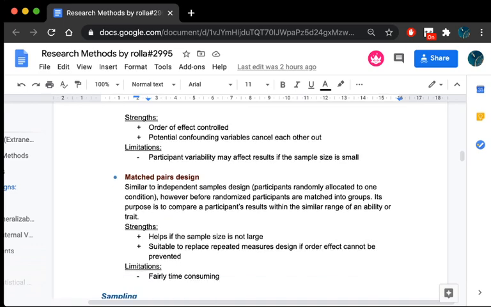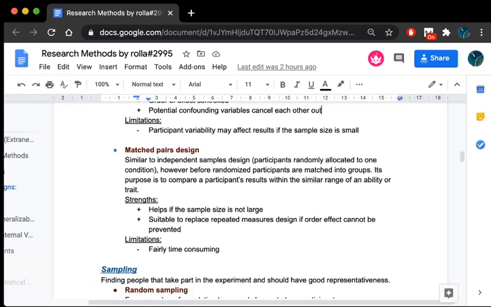Then we have matched pairs design. Matched pairs design is kind of similar to independent samples design, but before they get randomized, they get matched in groups first. Let's just say they want to measure how often you smoke, and then do a study related to it.